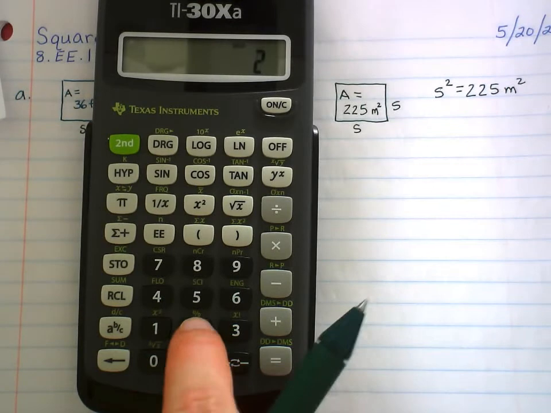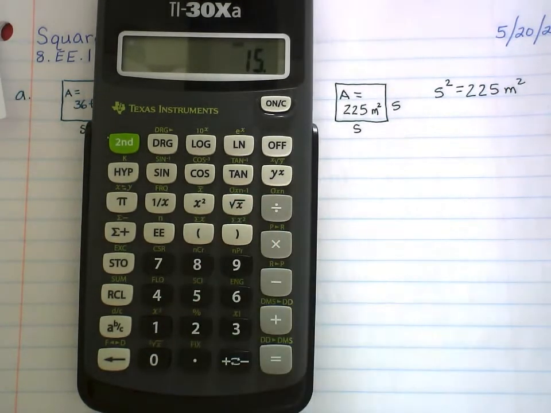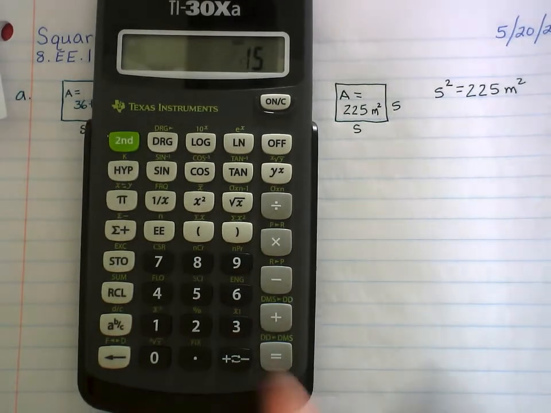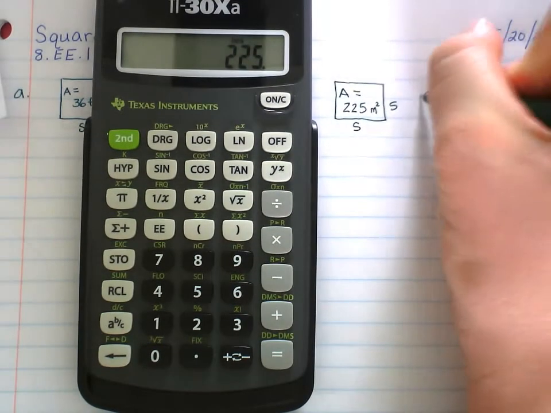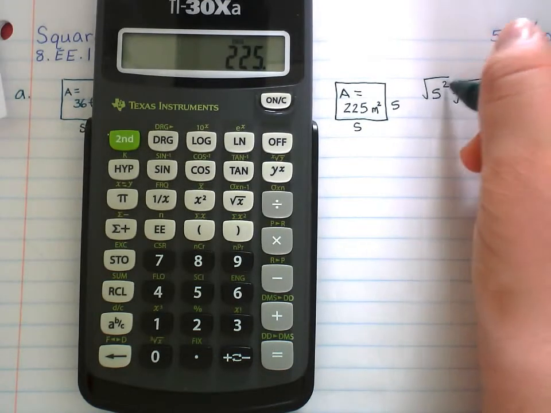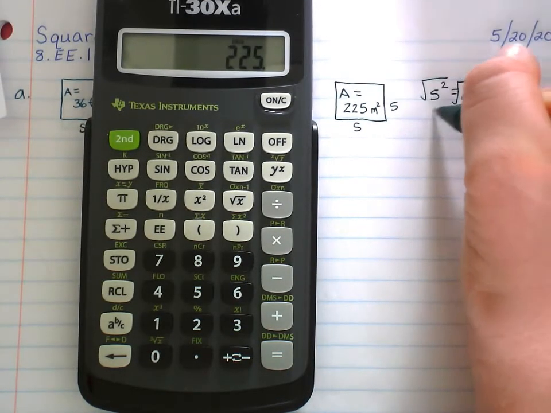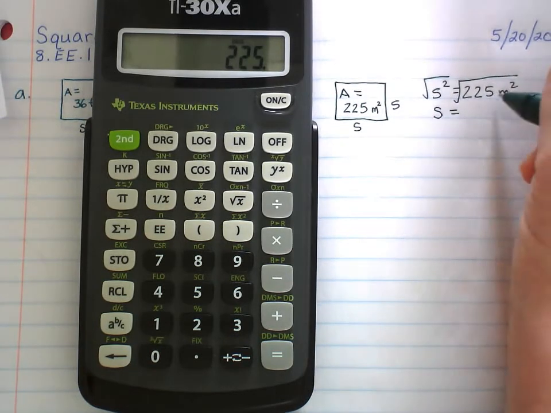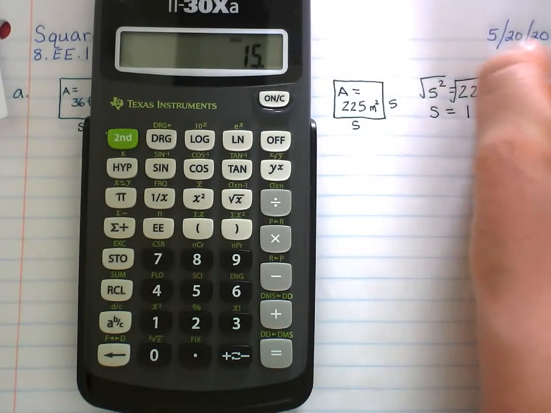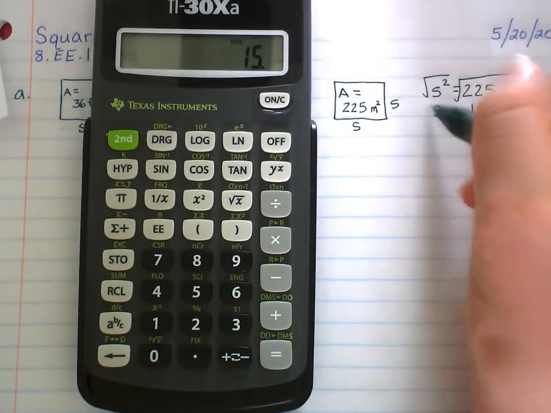So 225 square root, 15, and you can check it. Does 15 times 15 give us an area of 225? Yes, it does. So the radical and the square cancel each other out, so that leaves us with the s for side length. So the square root of 225, 15 meters for each side length.